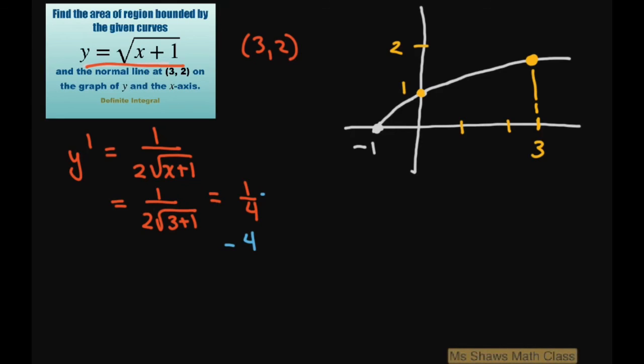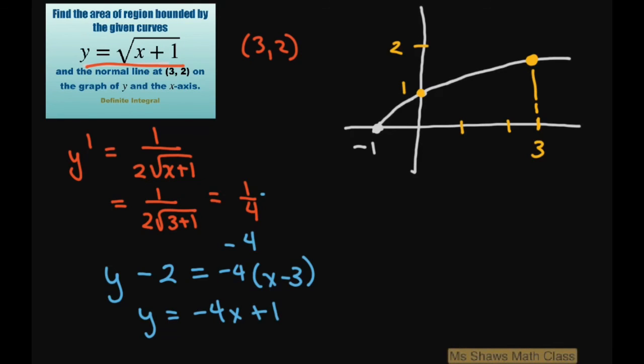So the equation of the normal line is going to be y minus 2 equals -4 times x minus 3. That's going to give you y equals -4x plus 12 and plus 2, so that's plus 14.